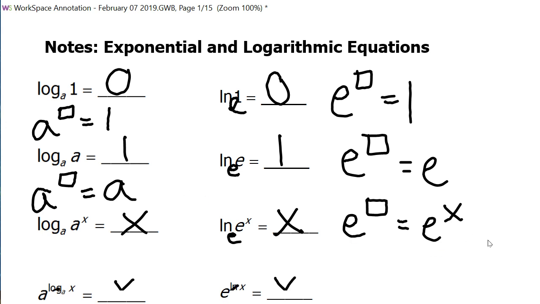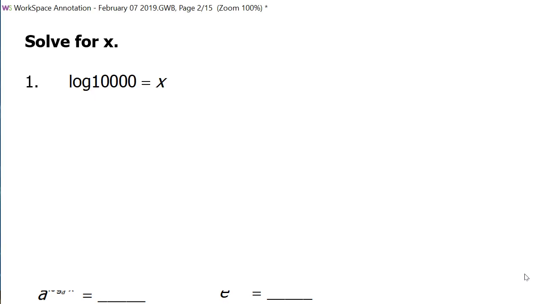Now the first few examples are just a refresher of what we did yesterday, and we're solving for x. Problem number 1, if you have one logarithm, convert to exponential form. For problem 1, what's the base? 10. What's the power? X. What's the answer? 10,000.